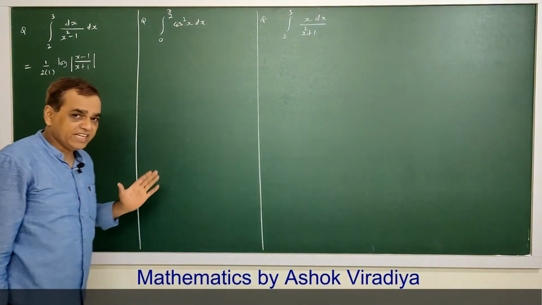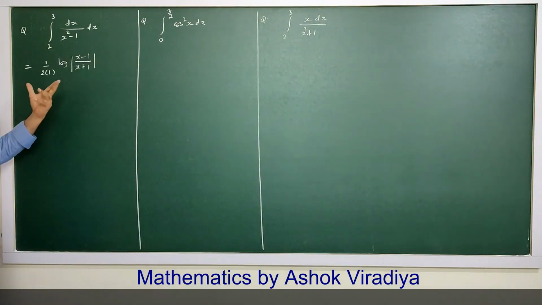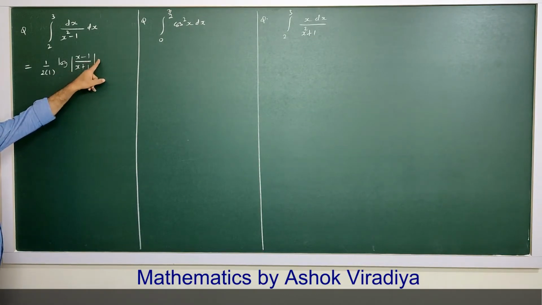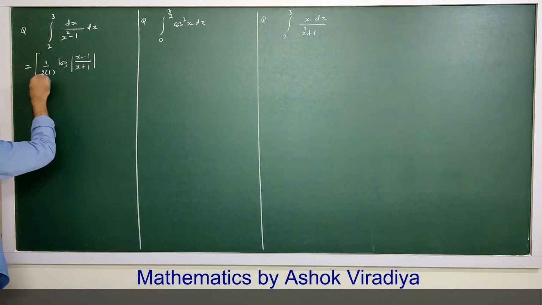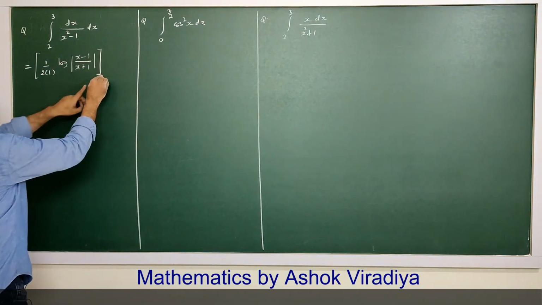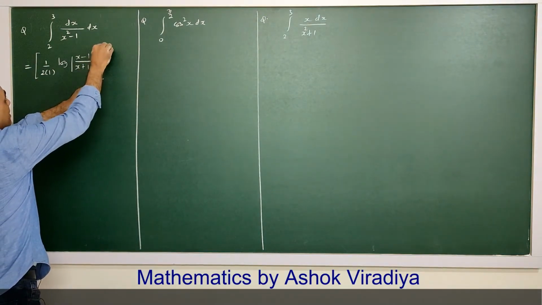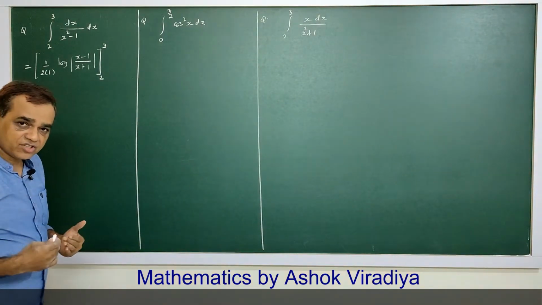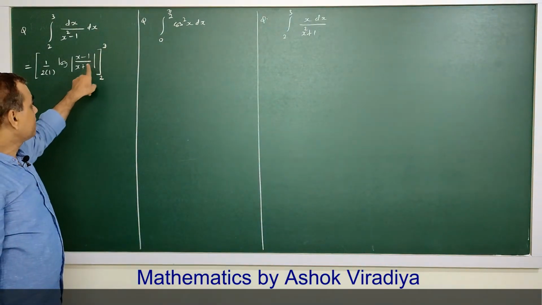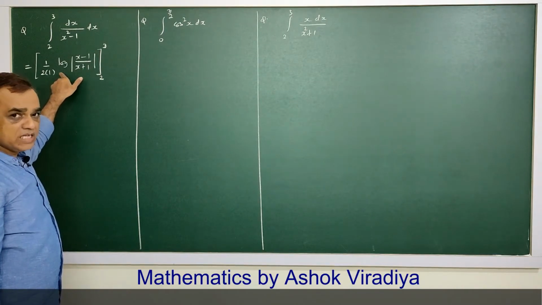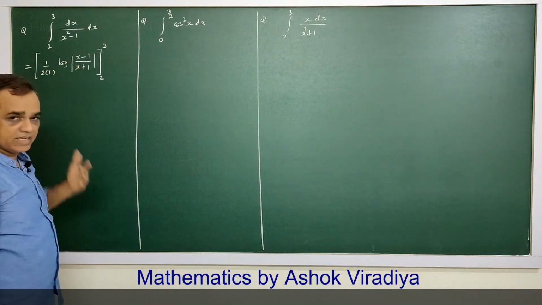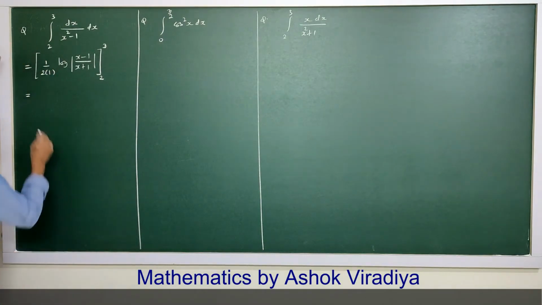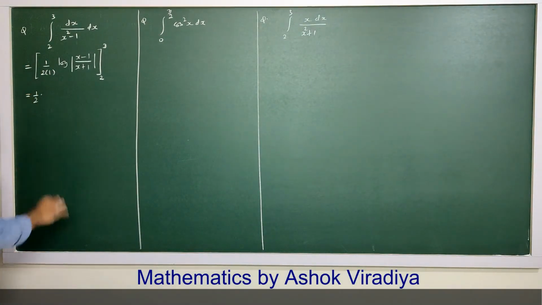To find the definite integral, first of all we keep the value of the indefinite integral without c. Put this value in a box. Here keep the lower limit, here keep the upper limit. Now we are taking the difference, putting the upper value, that is f of b minus f of a. So in this difference, this number will be common. So keep inside 1 by 2, it will be common.